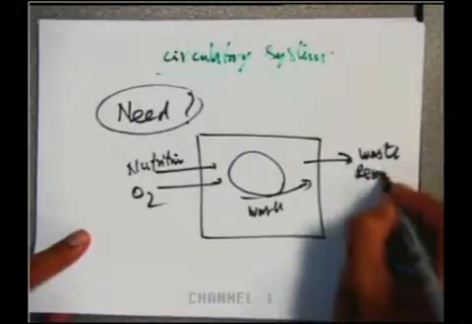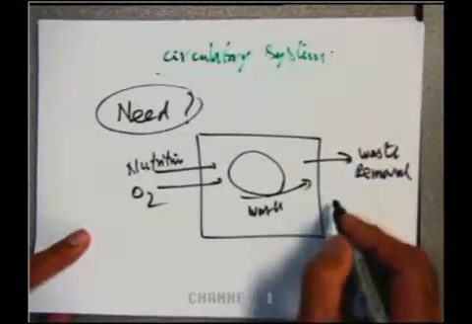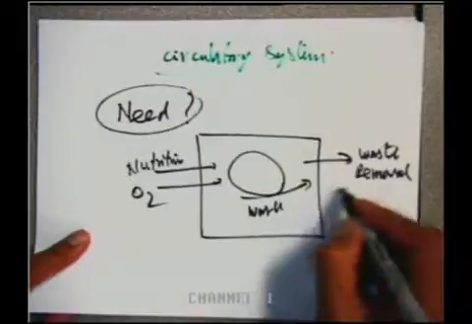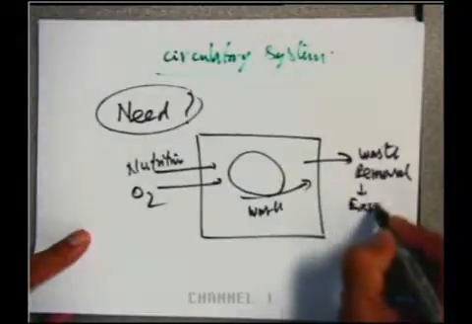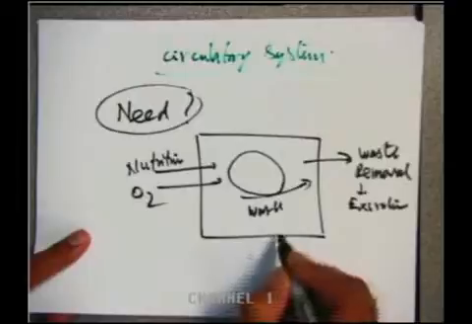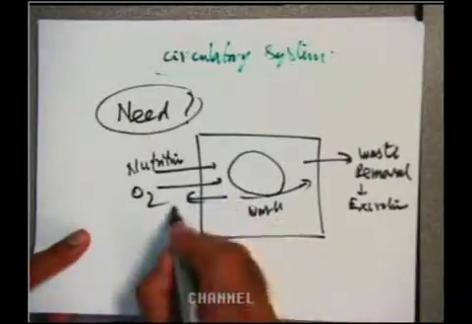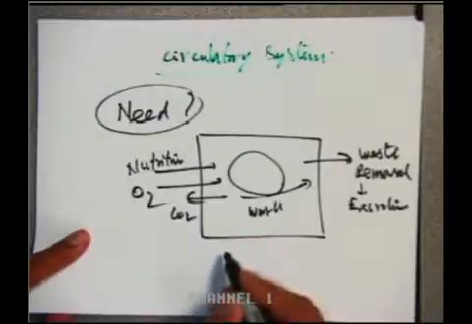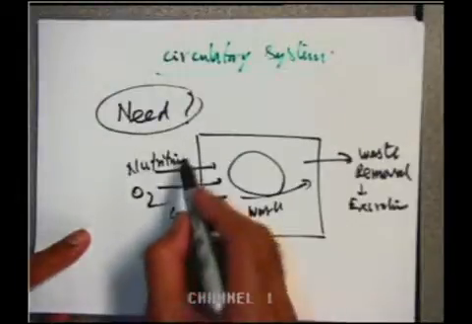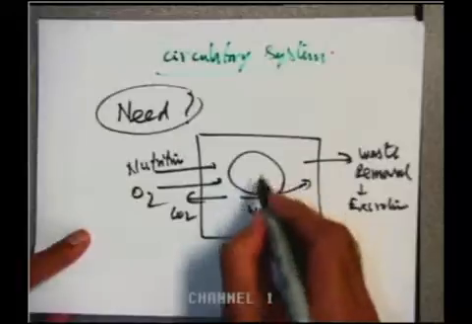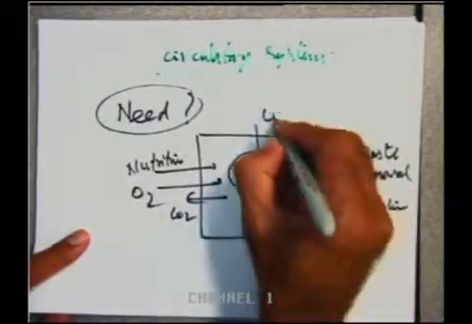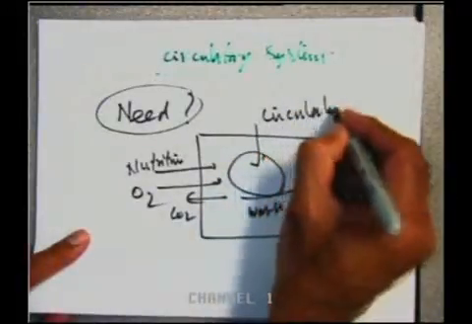Then we call it excretion. And also you have gas exchange. Oxygen is going in, carbon dioxide is coming out. So if you see the circulatory system, it plays a major role, circulation.